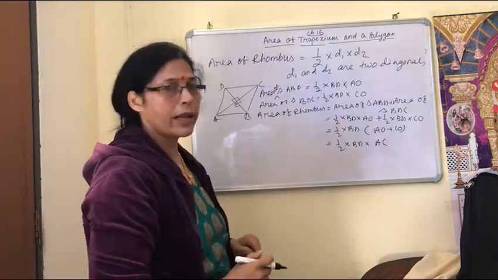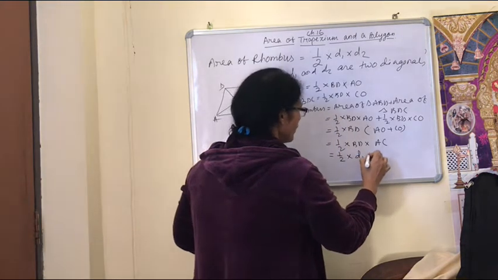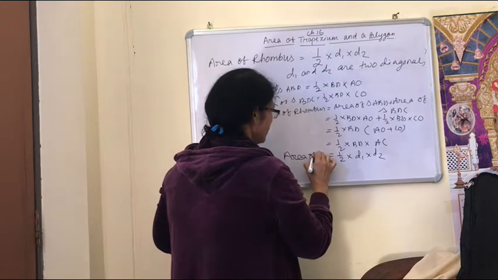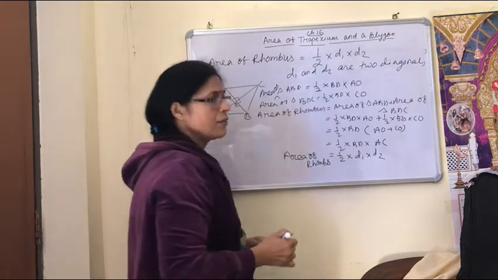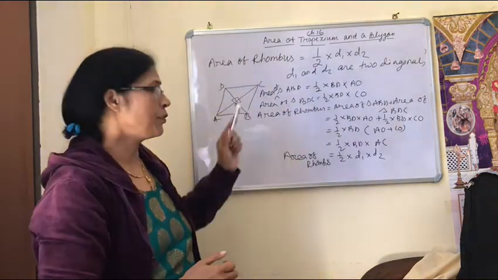That means two diagonals, let it be D1 and D2. Half into D1 into D2, area of rhombus.